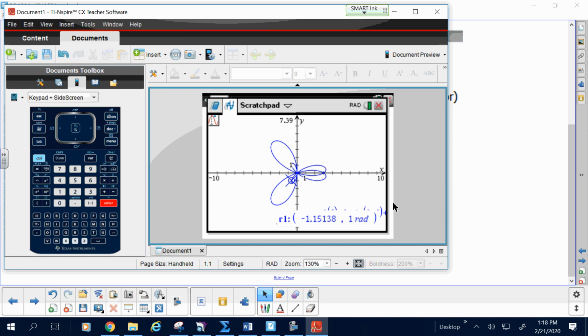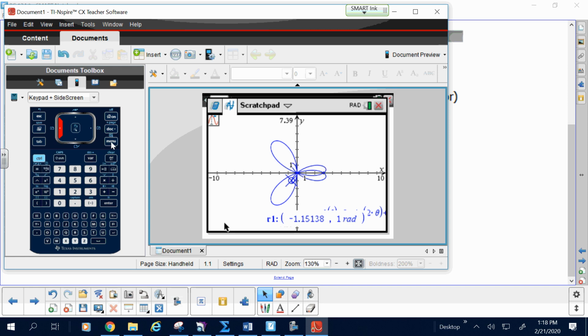And nothing. Ooh, that's kind of fun though. Whee! Kind of cool, mesmerizing. At any rate, it doesn't let me type in, is this 1 radian? It just tells me what r is, not the theta, not the x and the y. Okay, so trace sucks because it doesn't give me x and y.